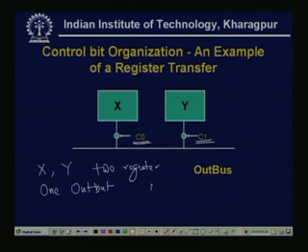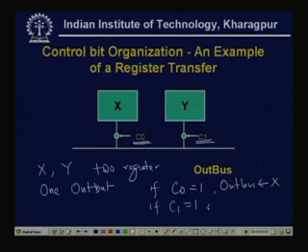So, if C0 equal to 1, out bus gets the content of register X. If C1 equal to 1, then out bus gets the contents of register Y.